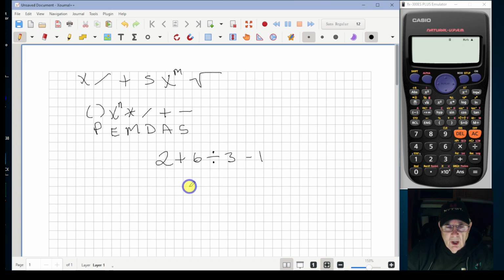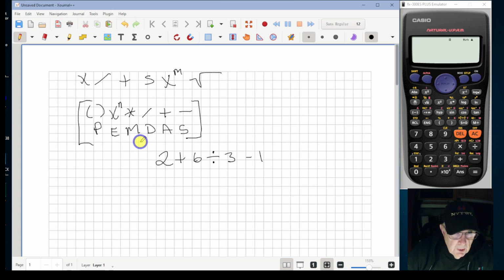Where do I start? And this is why this order of operations exists. So it says to accomplish anything in parentheses, then accomplish anything that requires exponents. Then the next two, multiplication and division.